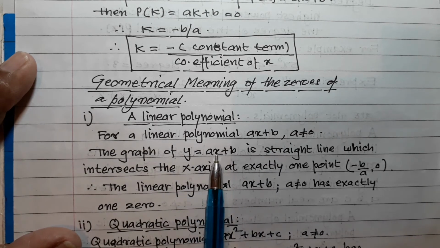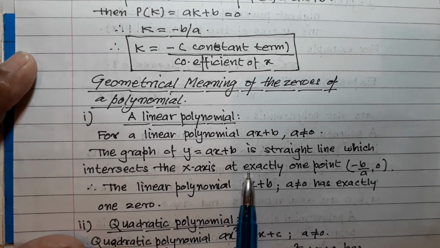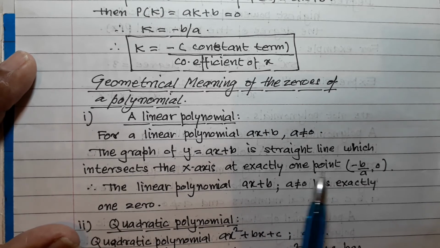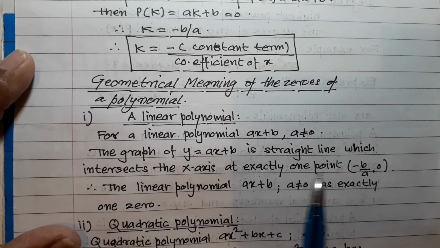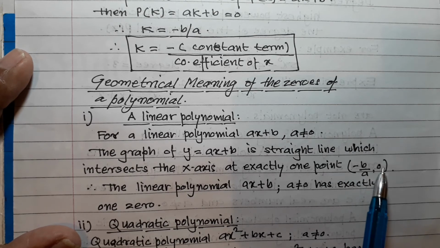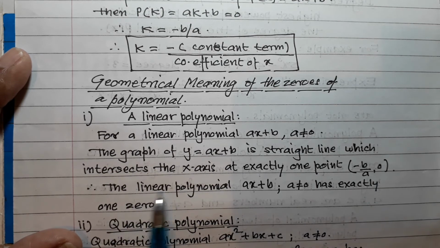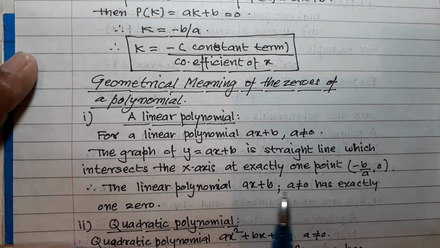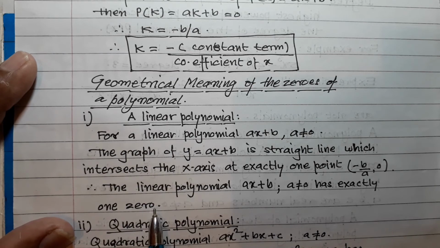This straight line intersects the x-axis at exactly one point, and that point is (minus b upon a, 0), since the y-coordinate is 0. The linear polynomial ax plus b, where a is not equal to 0, has exactly one zero.